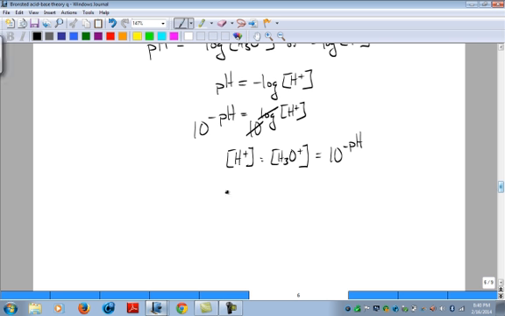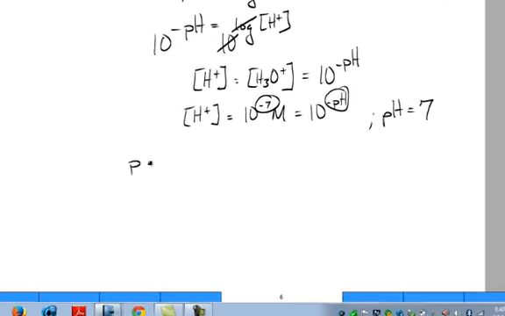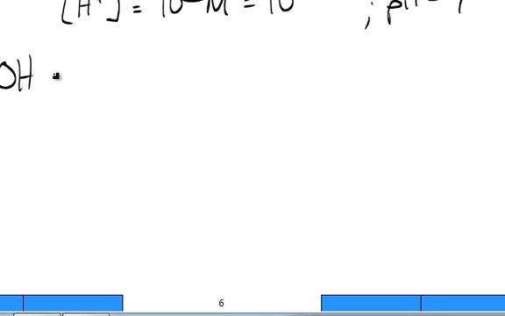So for example, in a neutral water solution, the concentration of H+, as you've seen, at equilibrium is 10 to the minus 7 molar, and that equals 10 to the minus pH, and you can see that the negative 7 and the negative pH match. Therefore, the pH would be 7 for a neutral water solution. Similarly, we could define pOH, or p anything, as the negative log of the concentration of something, or that actual term.